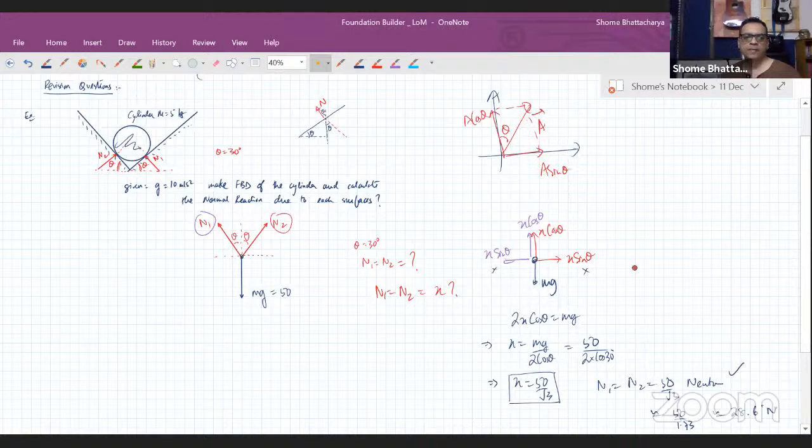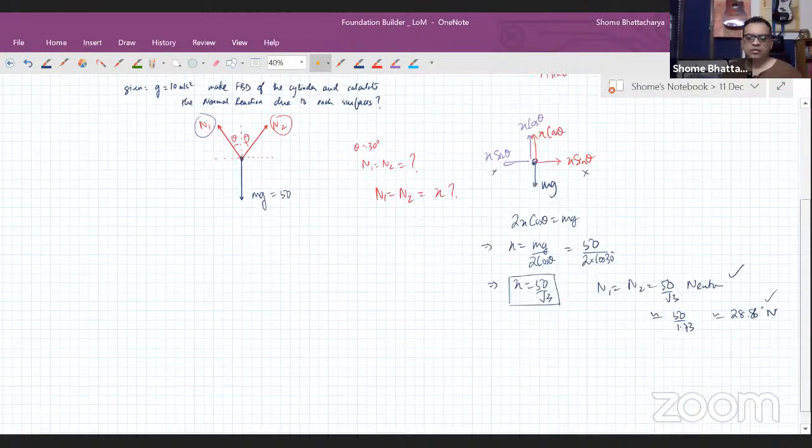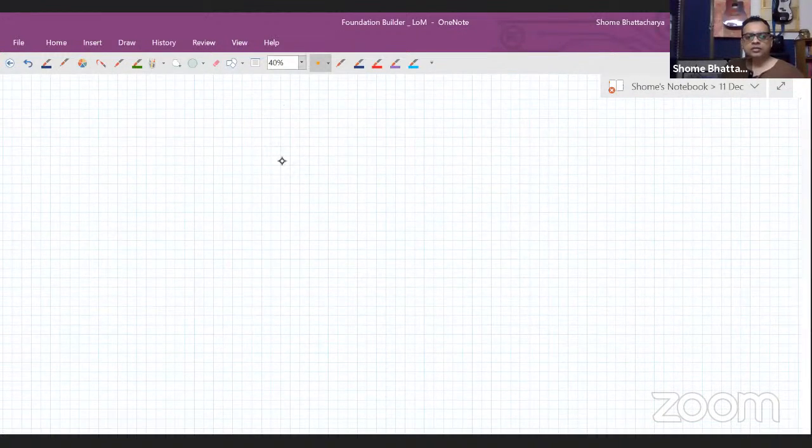Okay. Yes, only one person's answer was correct. That is Ohm. 28.86. Sorry, not 28.06. Anyway, so 50 by root 3. You can leave the answer this way also, or this. Okay, let's move on to the next question.